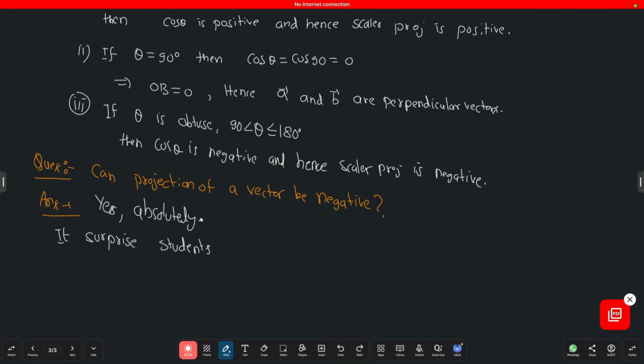It surprised students that projection, like vector length, how can it be negative? Then you write your answer. When you read this statement, you will recall the class.